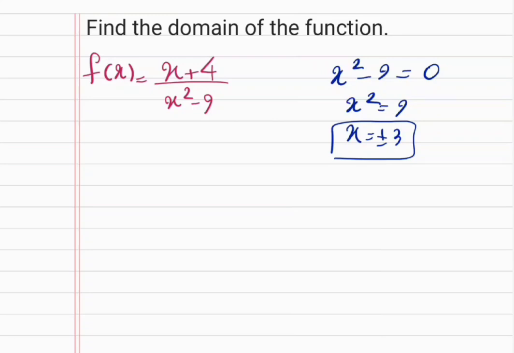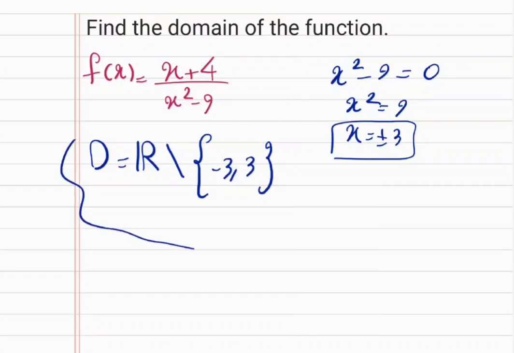So now if we want to say what is the domain of this function, that is simply equal to all the real numbers except, or let's just use this symbol, minus 3 and positive 3.